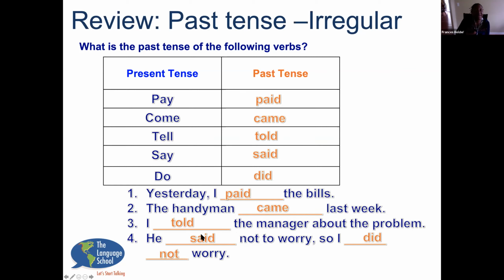So I did not worry. Okay. If he says not to worry, I'm not going to worry. All right. So this last one was a little bit tricky because it's in the negative.